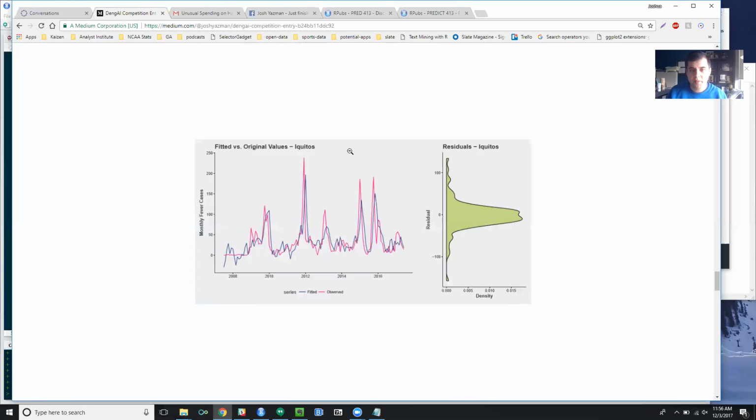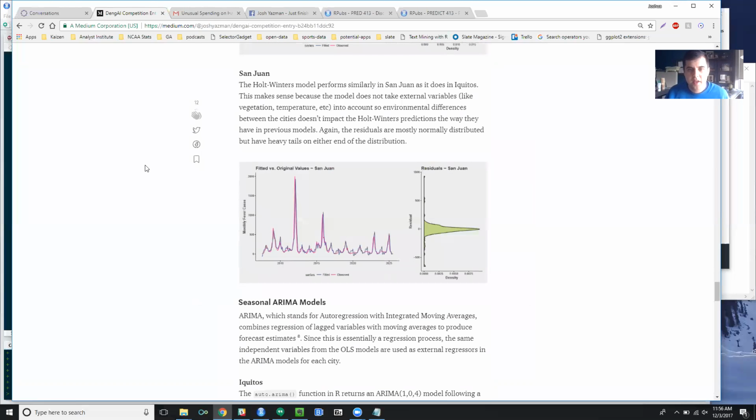However, there is a problem with this in that just like ordinary least squares regression, the Holt-Winters method did have some negative predictions. That's kind of a knock against it in terms of practicality and maybe out of sample validity.